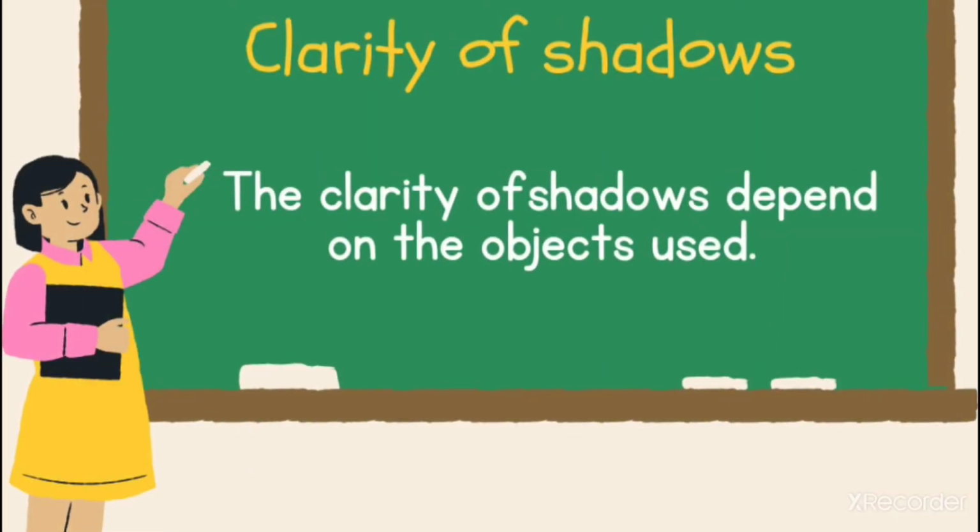Now, we are going to learn about clarity of shadows. Kejelasan bayang-bayang. The clarity of shadows depends on the objects used. Kejelasan bayang-bayang bergantung kepada objek yang digunakan.